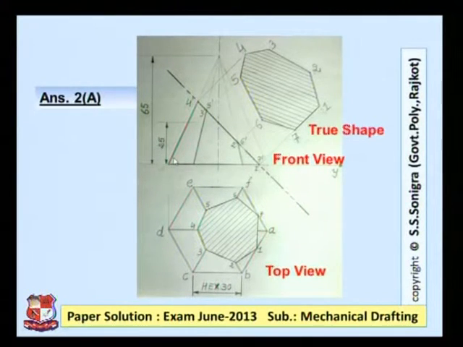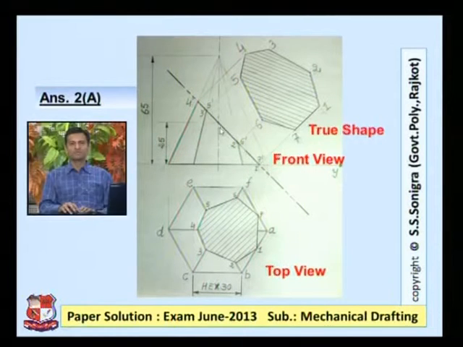From this point a cutting plane passes which makes an angle of 45 degrees with the XY line. So this line is drawn at an angle of 45 degrees. This is the sectional top view of the solid, and this is the true shape of the section that we drew in the previous lecture.